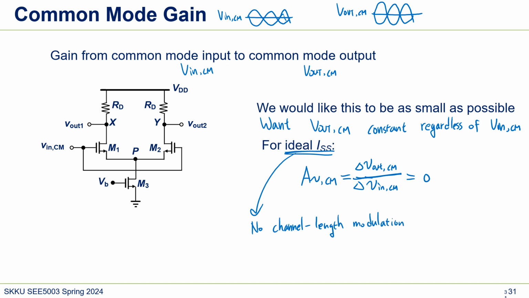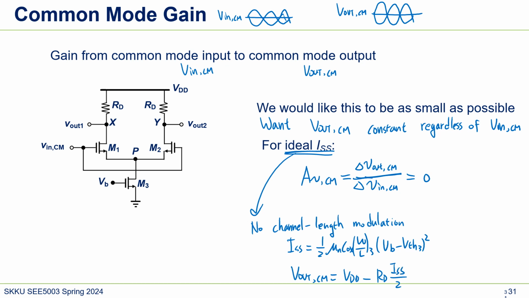It means ISS is only a function of VB minus VTH3 squared, so the current will not change. If that happens, V out CM is what? VDD minus RD ISS over 2, right?